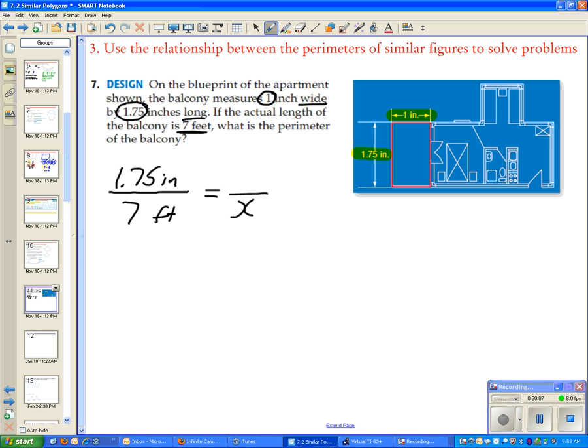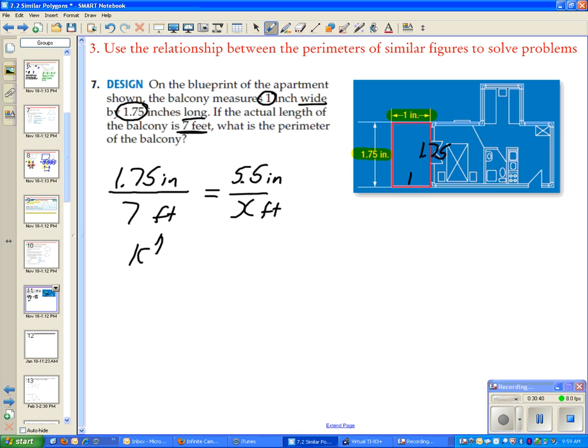Now, what's the perimeter on the blueprint? Wouldn't it be 1 plus 1 plus 1.75 plus 1.75? Right? 1 plus 1 is 2. 1.75 plus 1.75 is 3.5. 2 plus 3.5. So, 5.5 inches to x feet.